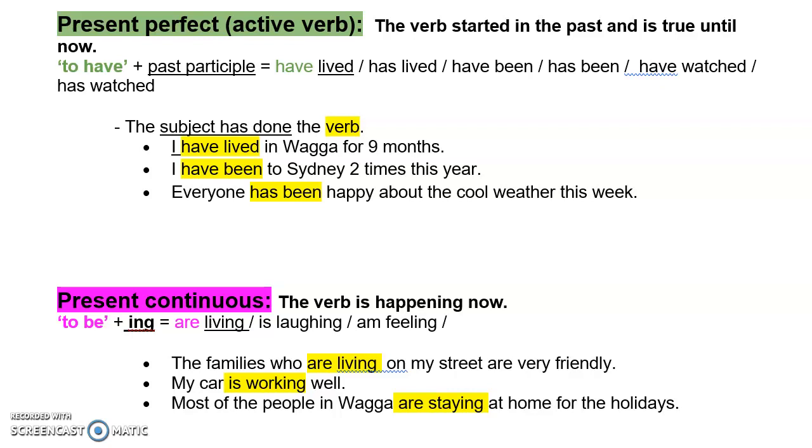In most of the verbs that we have learnt in Certificate 2 so far, when you see a to be verb, the next verb after it is normally an ing verb, like the present continuous. The families who are living on my street are very friendly.